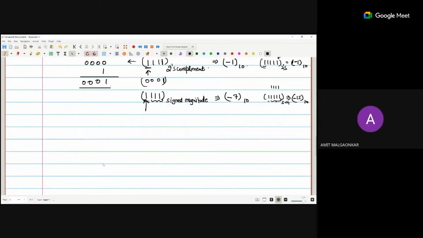Sir, similar to this, we have a question in the graded assignment for week 2. It's asking about the 2's complement and 1's complement of a positive number. Which question?